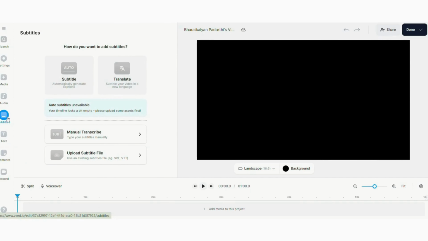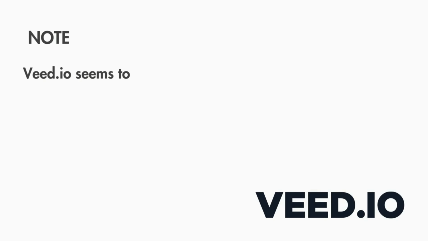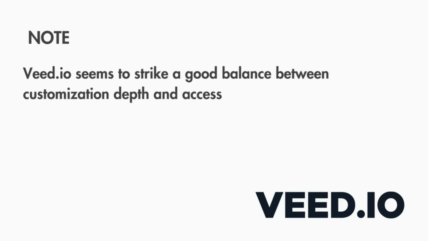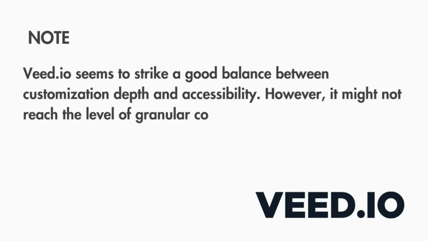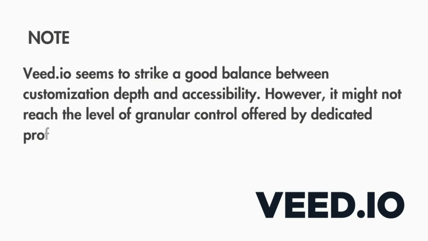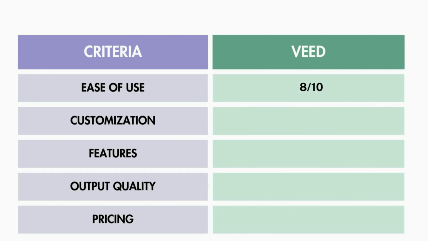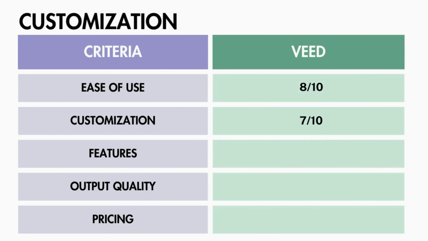Features like automatic subtitles and translations simplify certain customization aspects, reducing the manual workload. Note: Veed.io seems to strike a good balance between customization depth and accessibility. However, it might not reach the level of granular control offered by dedicated professional video editing software. So our rating for customization criteria is 7 out of 10.